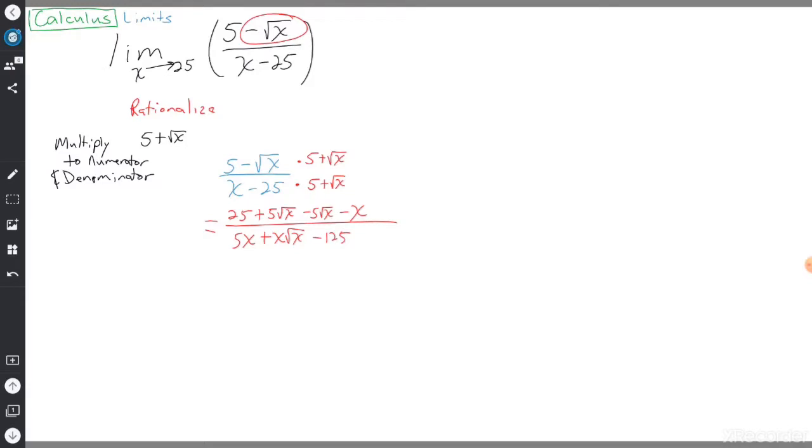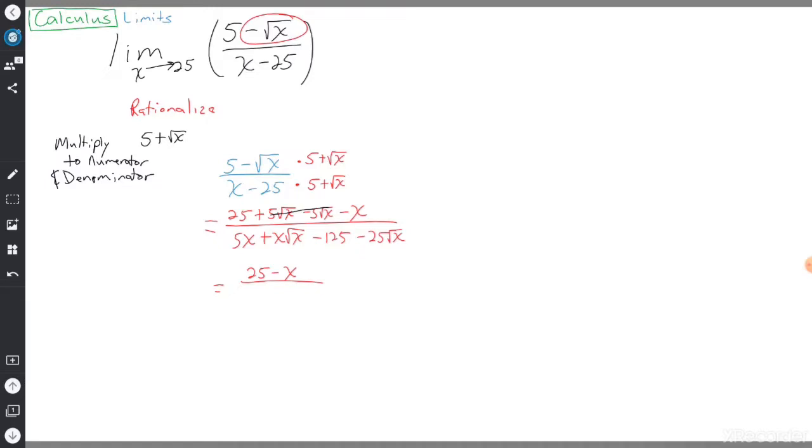And then the last terms, minus 25 square root of x. Now we want to combine the like terms. Up top, this cancels out, then we have 25 minus x.